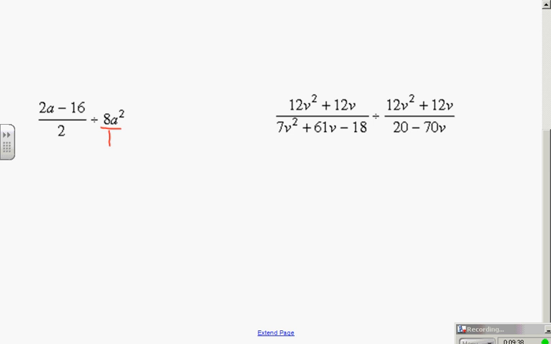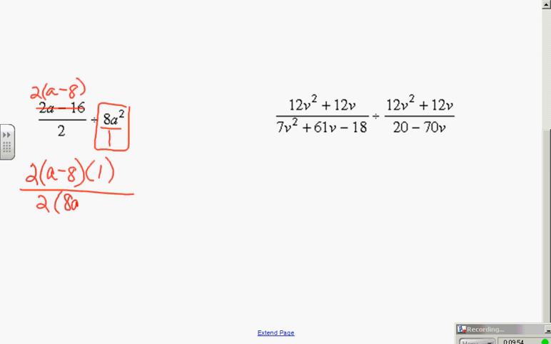Now don't panic if you get to an example that has a whole number, because remember, every whole number can be written over 1. When I go to flip this, and I'm going to factor this, I'm going to have 2 times a minus 8 times 1 all over 2 times 8a squared.